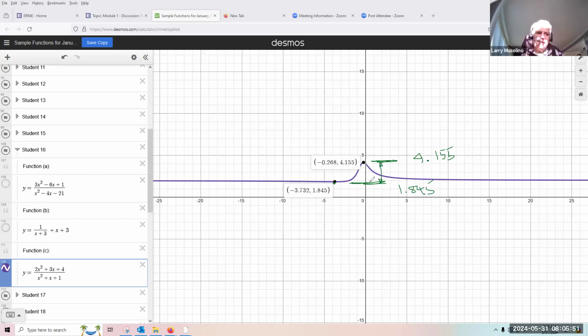This vertical span is kind of a tight span. So the range, I'm going to write as [1.845, 4.155]. And again, I'm putting square brackets on this because this point 1.845 actually falls on the graph. I can see it right here. And this 4.155 also is a point on the graph. I can see it right here.